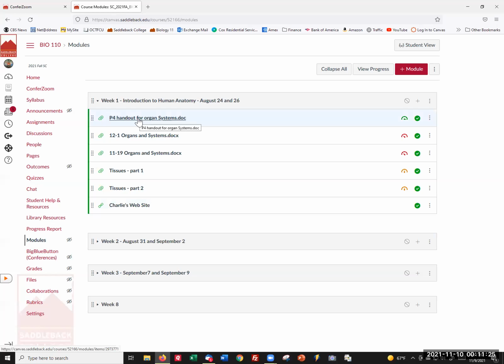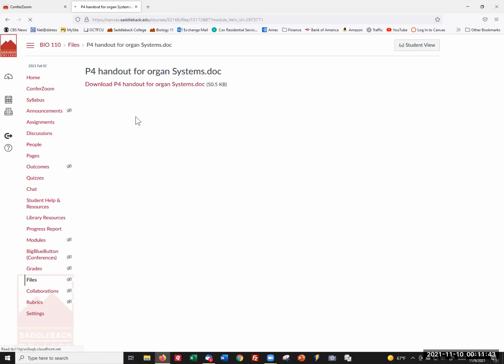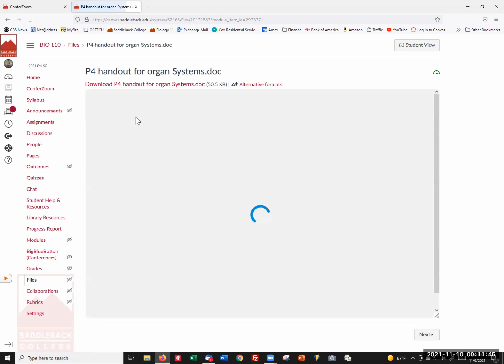Okay, first is going to be for practicum number 4. It's really a combination of things. It looks at the organ systems of the body, the functions of the various organs, and of course, identification of the parts.